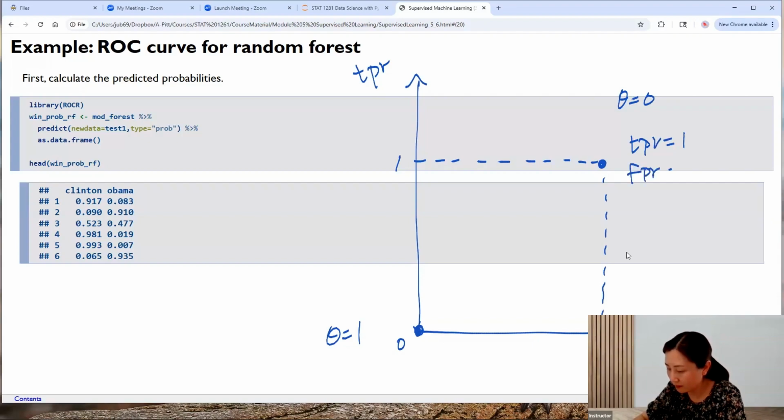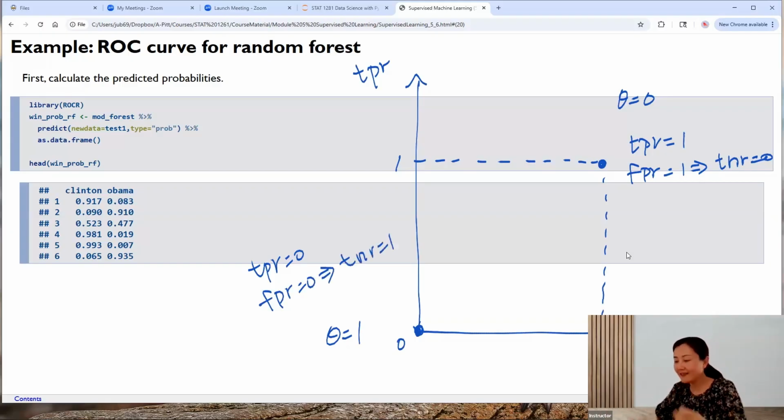False positive rate is 1, which means true negative rate is 0. Now here, true positive rate is 0. False positive rate is 0, which means true negative rate is 1. All right. Sorry about that. I should be more careful.